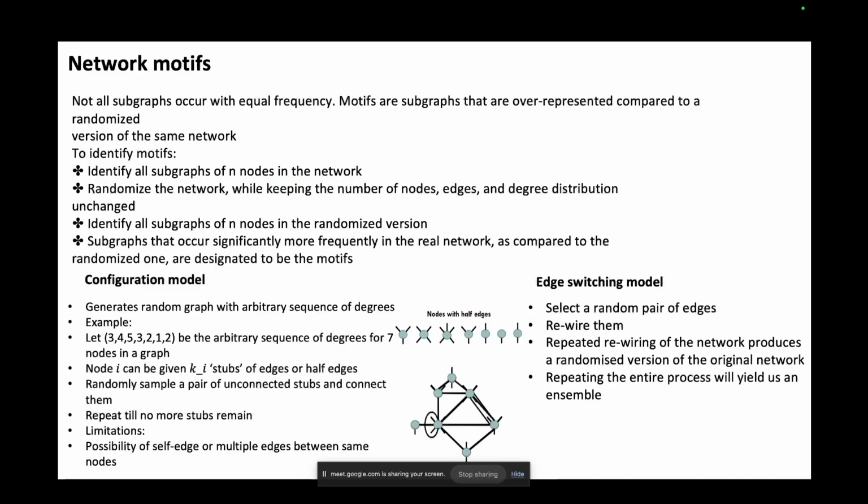Now, all of these subgraphs will not occur with equal frequencies. Some of these communities or some of these clusters of nodes will be overrepresented compared to a randomized version of the same network.